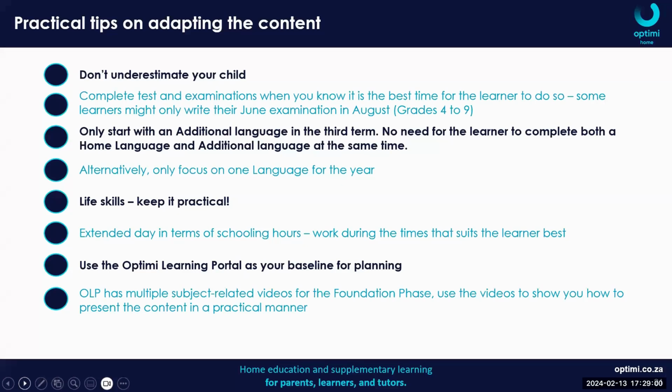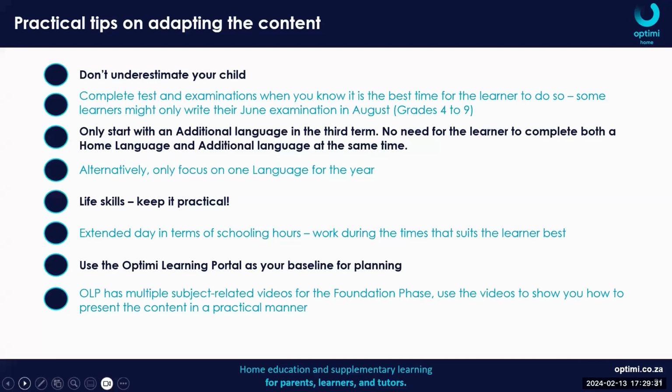But for certain kids, again, not every single mold is the same, you can perhaps consider completing first the additional language and then the home language later on, but perhaps not at the same time. Or in very special circumstances, such as with the single subjects, you choose a subject that you think your child would be able to complete and focus on that subject for a year.